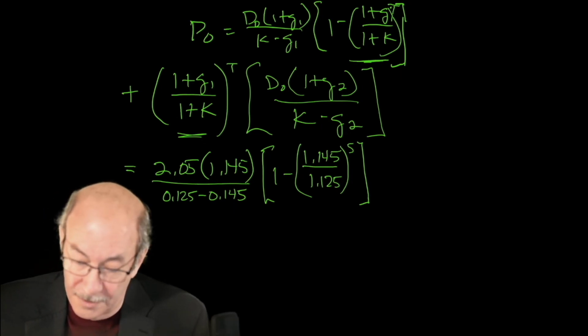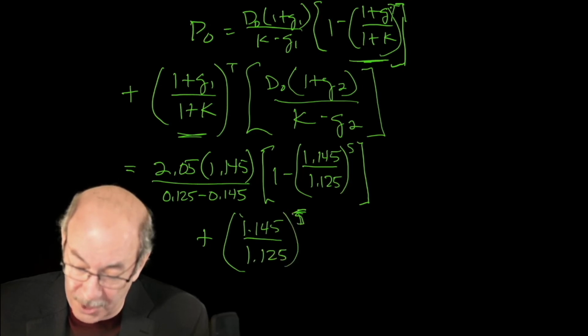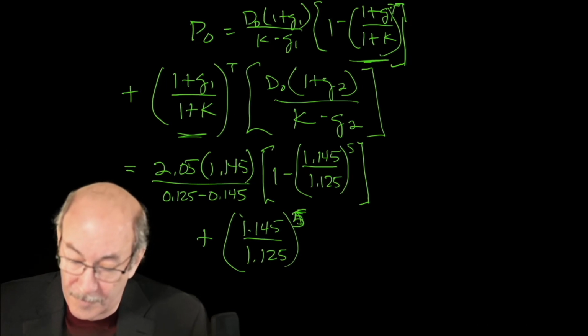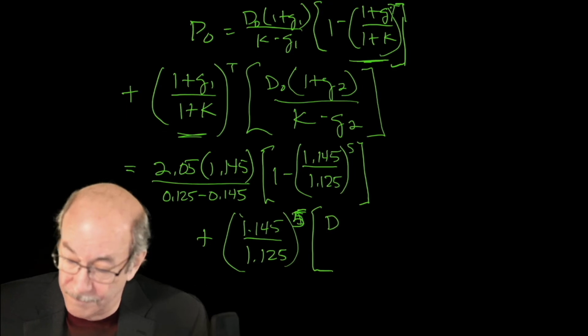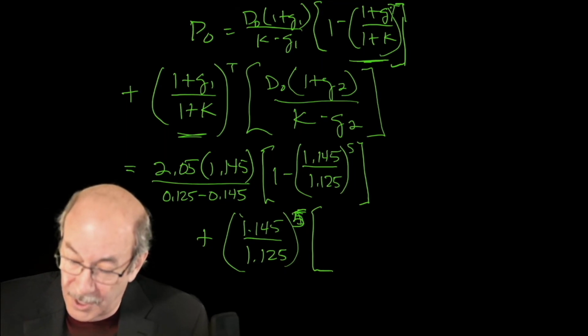And then the last part of it, we're going to take the 1.145 over 1.125 raised to the T power, raised to the 5th power, and multiply that with, why am I reverting back to the notation?